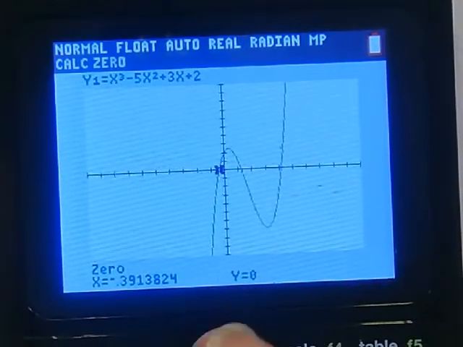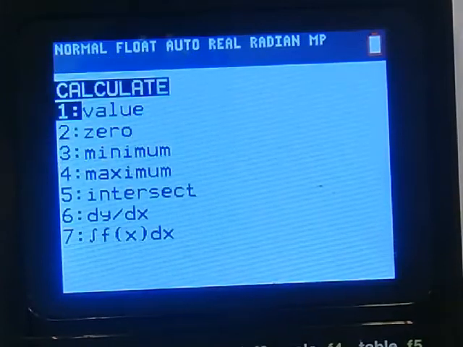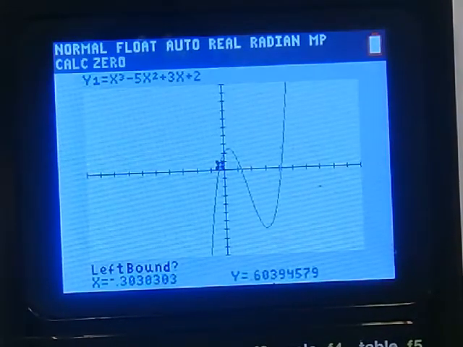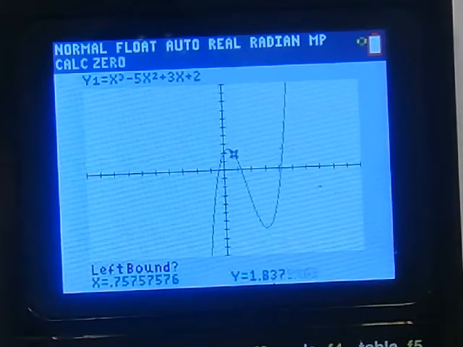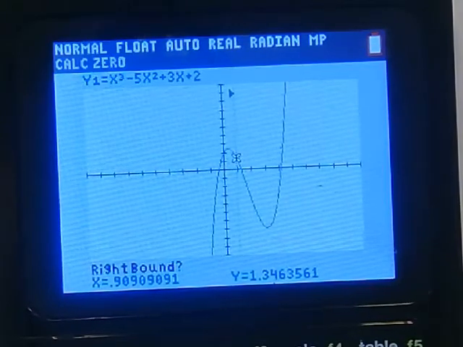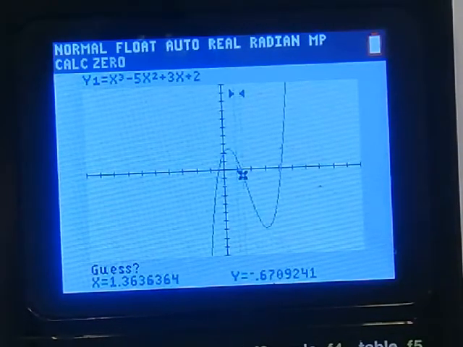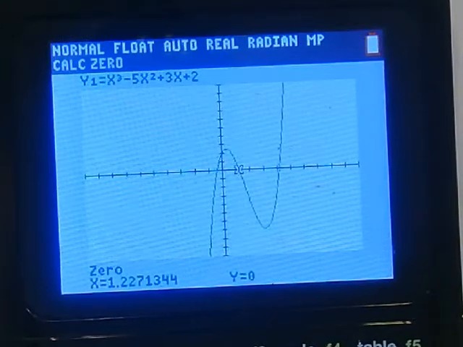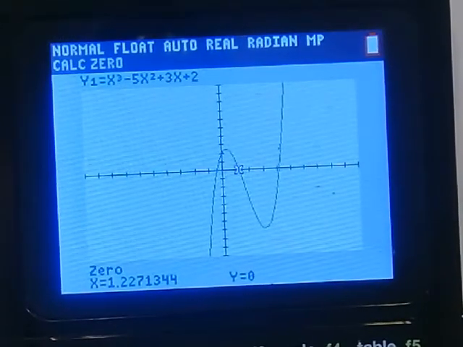Okay. Let's go find another one. So second calc, zero. We're going to move over and find the one in the middle here. There it is. Enter. Move it down. Enter. Enter again. Left and right crossings. There we go. And we end up with that 1.20.